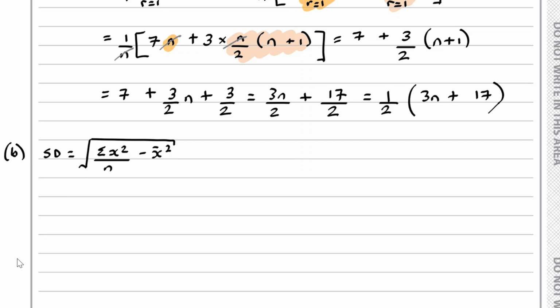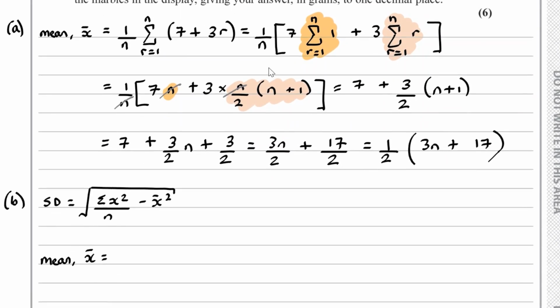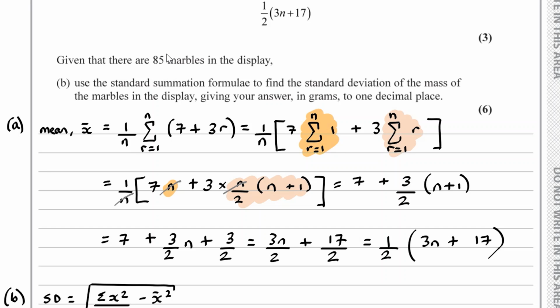Okay. Now, we can first of all work out what this bit is. Well, actually, before we do that, we can work out what the mean is. We already know the formula for the mean. That's 1/2 times by 3n plus 17, and we know that there's 85 marbles. In other words, n is equal to 85.